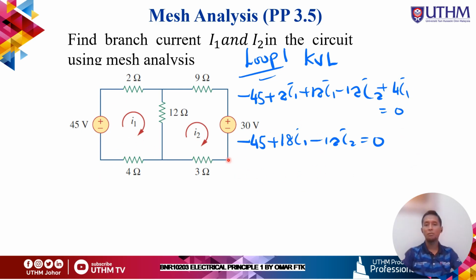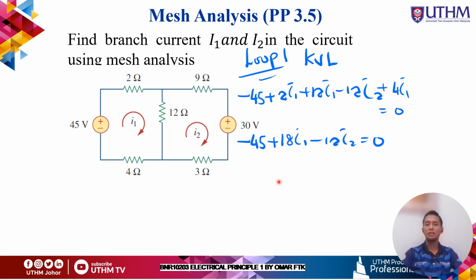If we do the simplification, we will have minus 45 plus, for I1, 2 plus 12 plus 4, which is 18 I1, and then minus 12 I2. Then we can move the minus 45 to the other side.